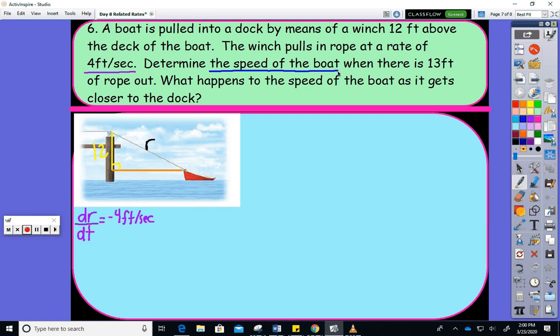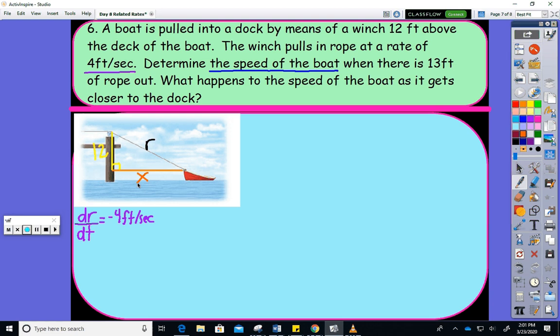Okay, so the orange piece we'll call x, and that measures the boat's distance from the pier or the dock. Would be a better way to say that. So the speed of the boat is the rate at which x is shrinking, the rate at which the horizontal distance from the boat to the dock is shrinking.